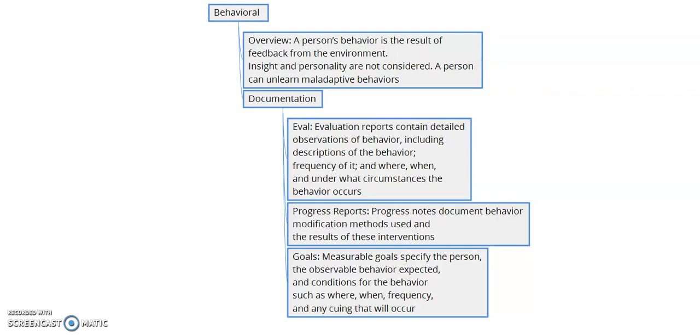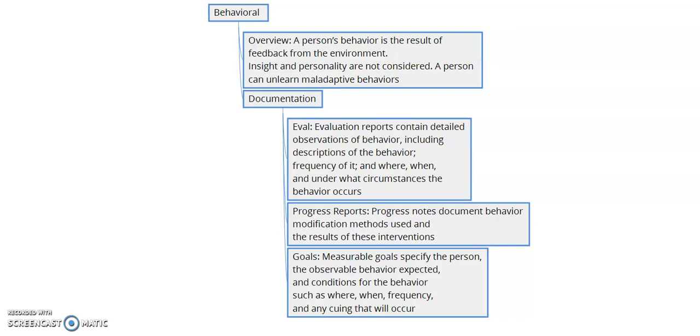So if you're doing documentation through this frame of reference, your eval should contain detailed observations of behavior, descriptions of the behavior, how often it happens, where, when, and under what circumstance the behavior occurs.